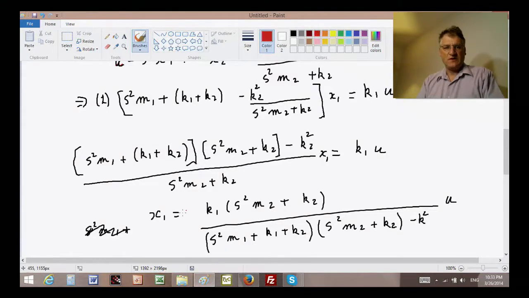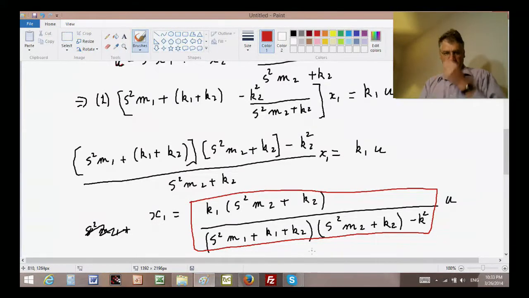Therefore, this is the transfer function from u to x1.